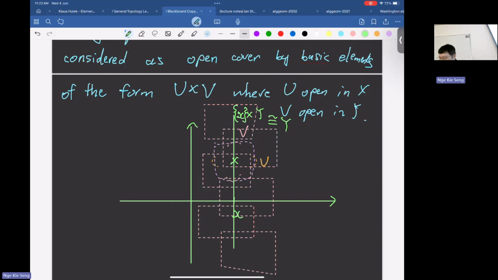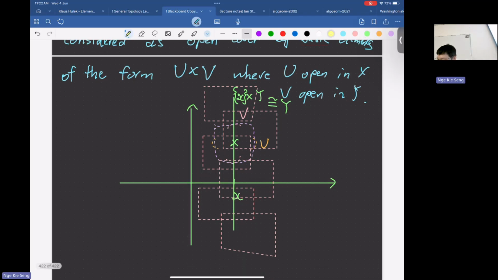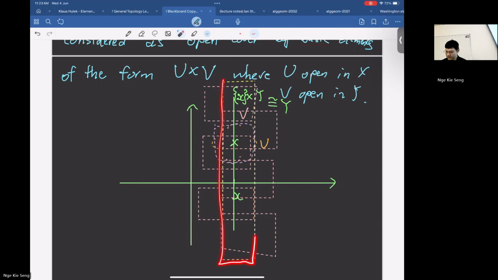I want to tidy up this open cover and make it a whole cover. Do you know how to make this cover? Maybe later we will see why this cover is nice to use. Can you see the yellow one? How to make this cover?